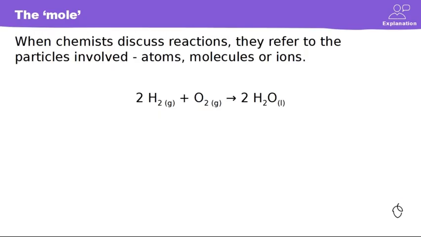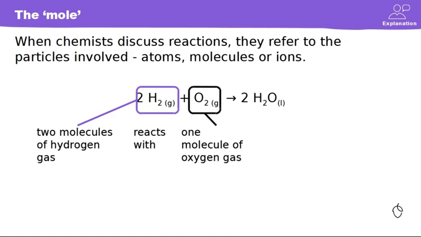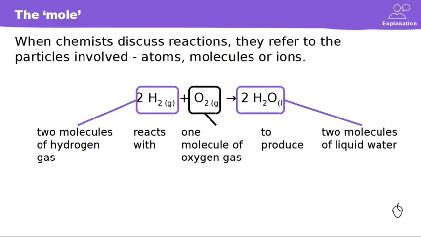For example, here we have 2 molecules of hydrogen gas, and here we have 1 molecule of oxygen gas, and these react together to produce 2 molecules of liquid water.